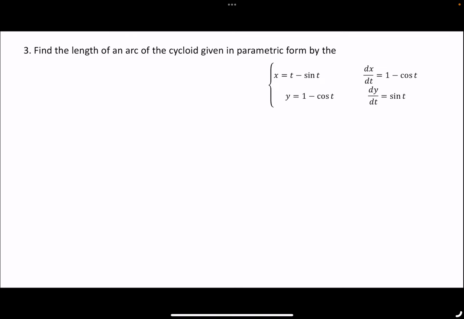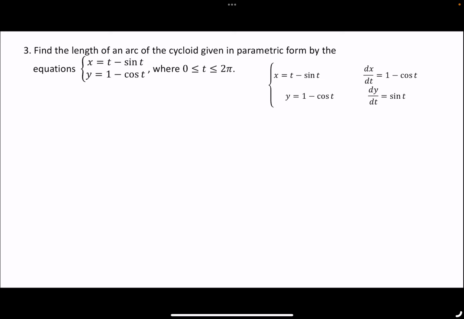Find the length of an arc of a cycloid given in parametric form by the equations x is equal to t minus sine t and y equal to 1 minus cosine t, where t is from 0 to 2 pi. So we have a formula for the arc length in parametric form.